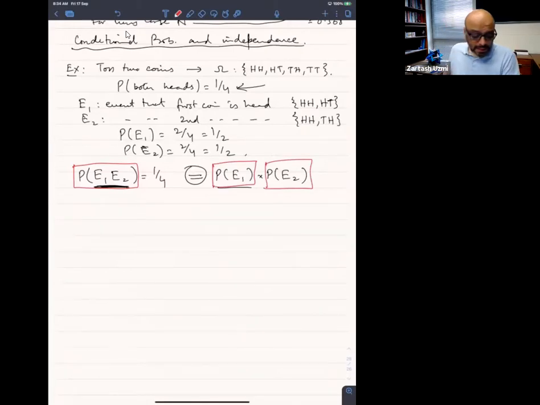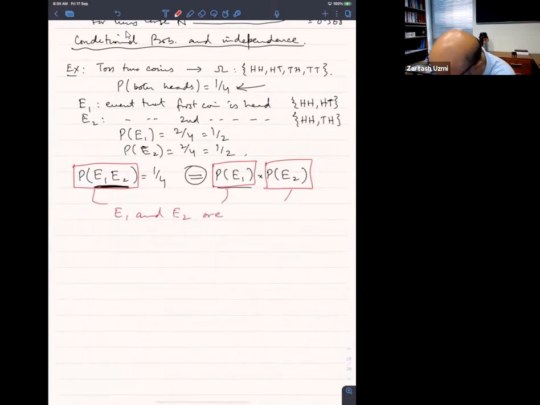Now, this is a condition which tells us that E1 and E2 are independent. This is a necessary and sufficient condition for E1 and E2 to be independent.